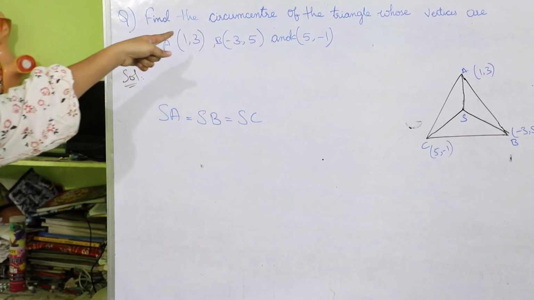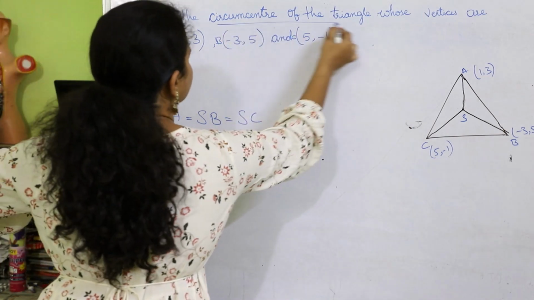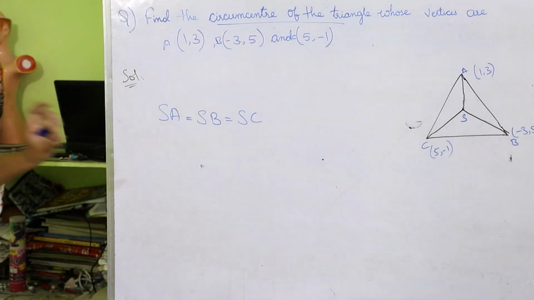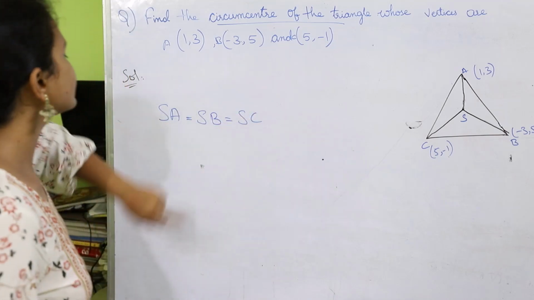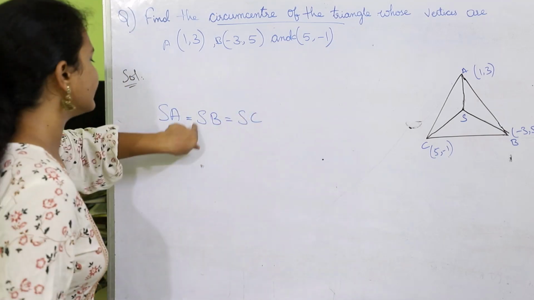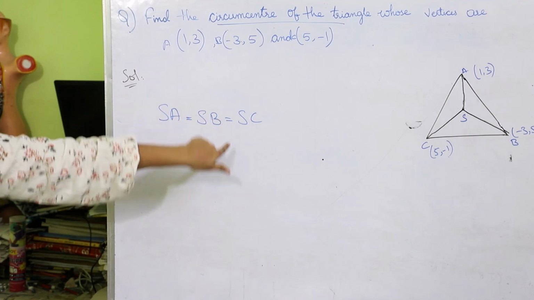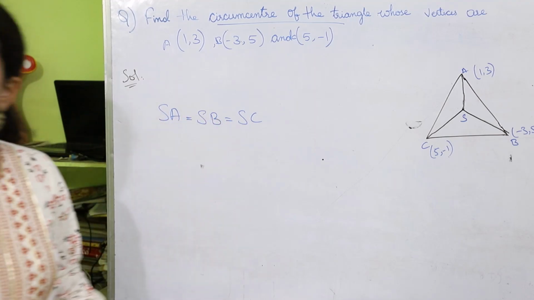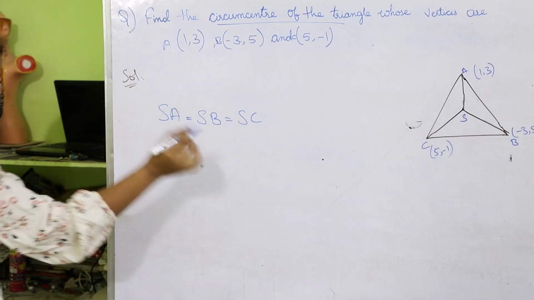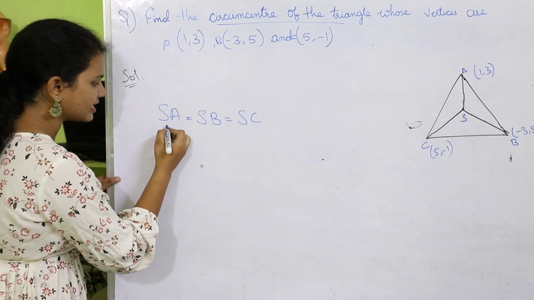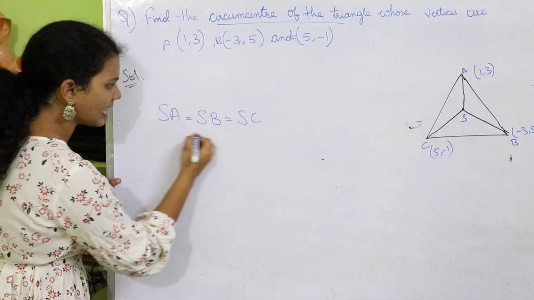If they give a question like this, the very first step is to draw the diagram, mark the points, and write the condition SA equals SB equals SC. Now find the distances.